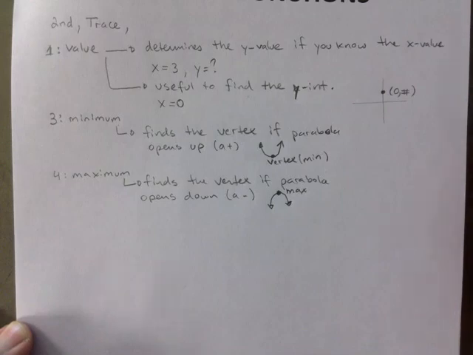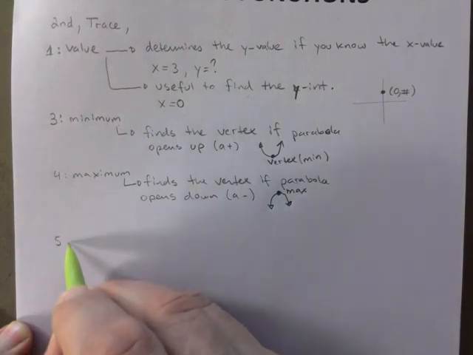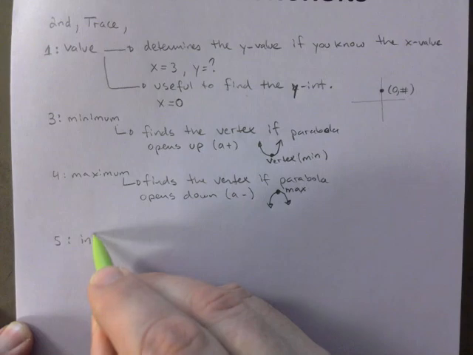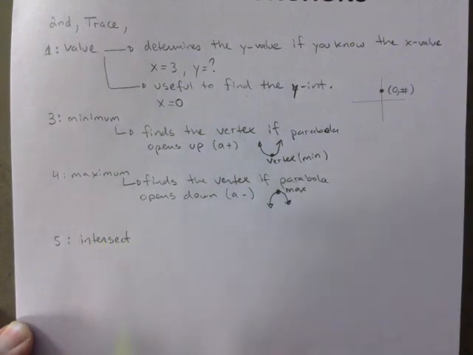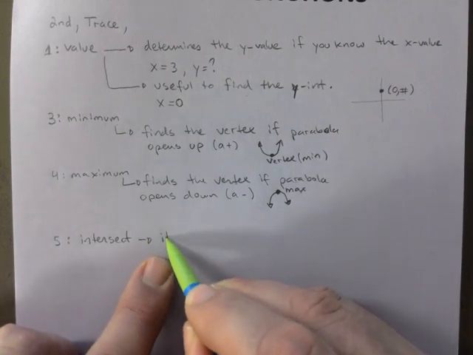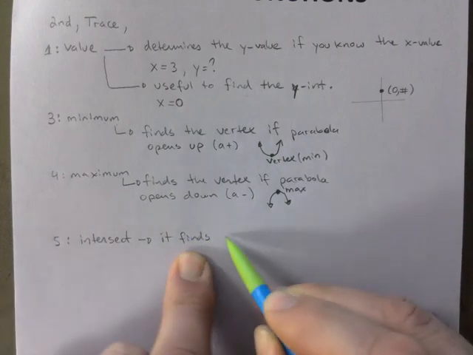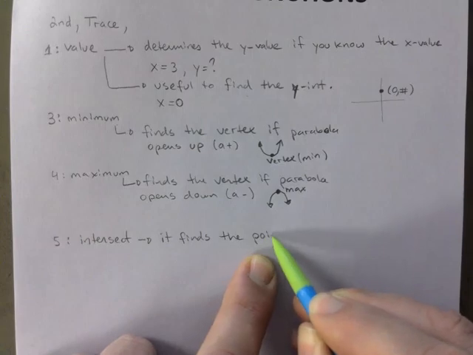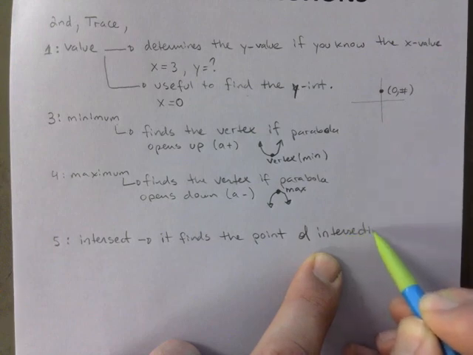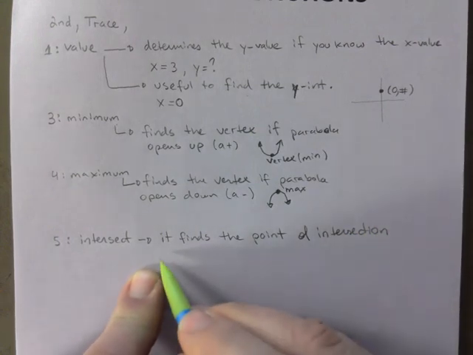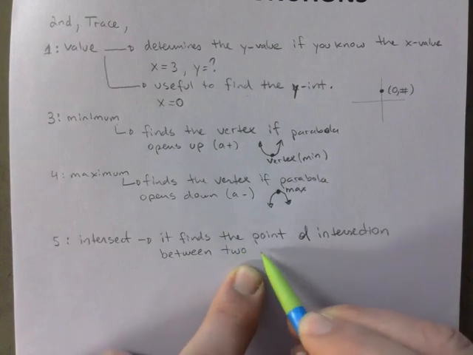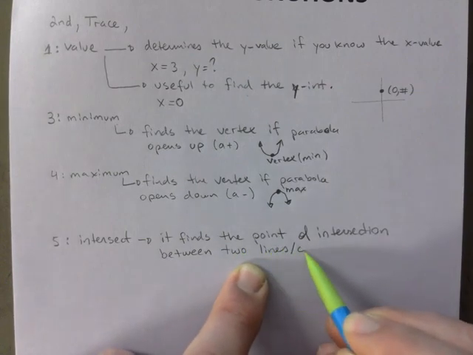Next one is 5, intersect. These are all the functions that I use. I don't use any other ones. Intersect. What does this do? It finds the point of intersection between two lines or curves.